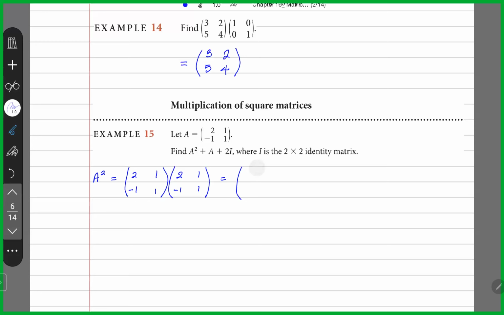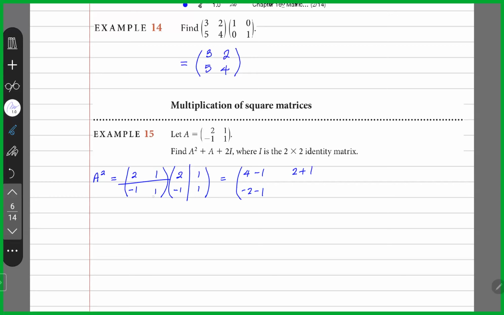Multiply a row by a column. So 2 times 2 is 4. 1 times minus 1, minus 1. 2 times 1 is 2. 1 times 1 is 1. Bottom row, left column, minus 1 times 2 is minus 2. 1 times minus 1 is minus 1.